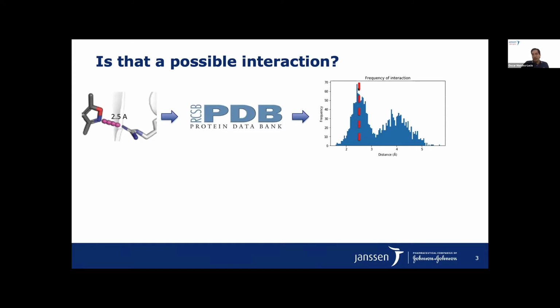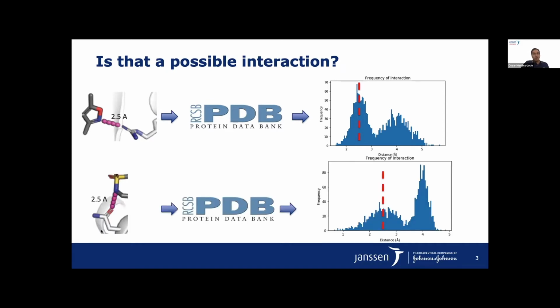You have many times that this interaction is repeated in the PDB, so then you can think this is something that is real. For the other interaction, you do the same, go to the PDB, but here the distribution is a bit different. Yes, it's something you can see at 2.5 angstroms, but it's more probable to find this interaction at 4 angstroms. And this is something that we usually do.